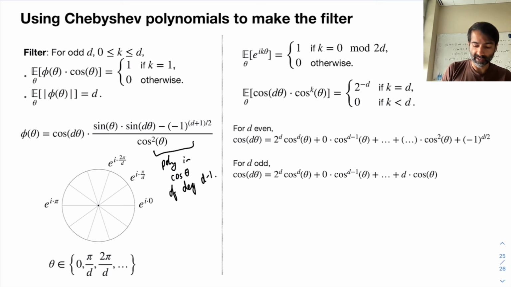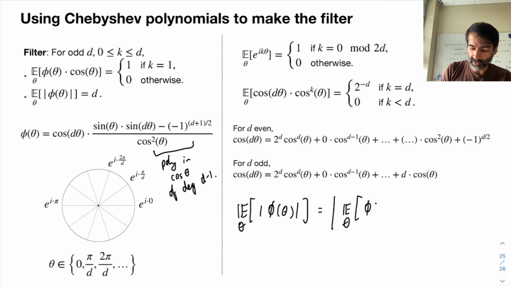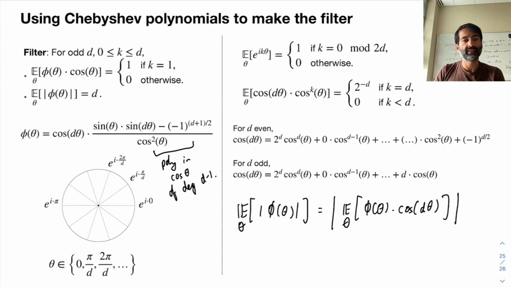And so the upshot is that the magnitude of phi theta can be expressed as the absolute value of the product of phi theta with cosine d theta. Because all the terms that show up in here have the same magnitude as phi of theta, and they all have exactly the same sign.